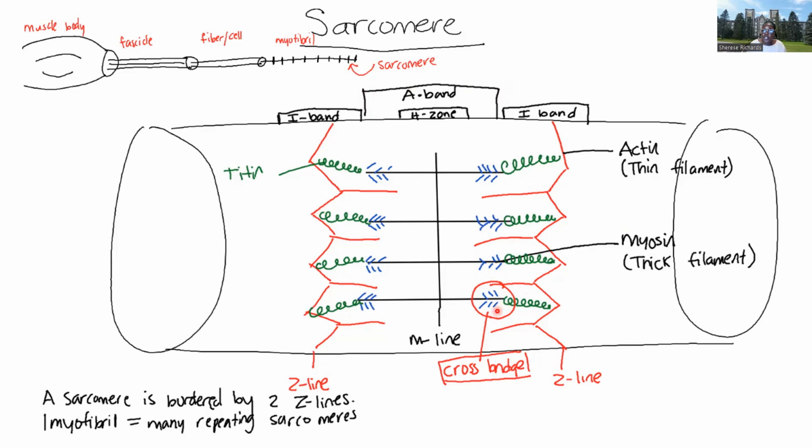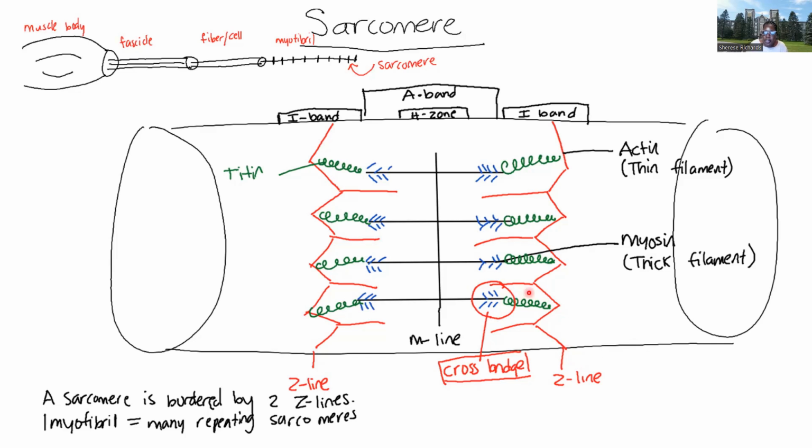So the cross bridge is really where the myosin heads are sticking up, right? The blue structures here, and they're making contact with the actin for the red filaments sticking out in between. That is considered a cross bridge. And we're going to talk about how that interaction, right, actin to myosin, is what brings about the cross-bridge cycling, which is what brings about the shortening of the sarcomere.